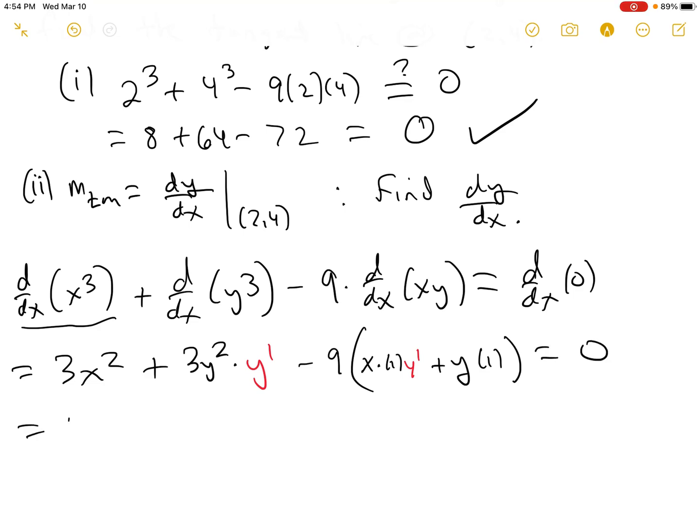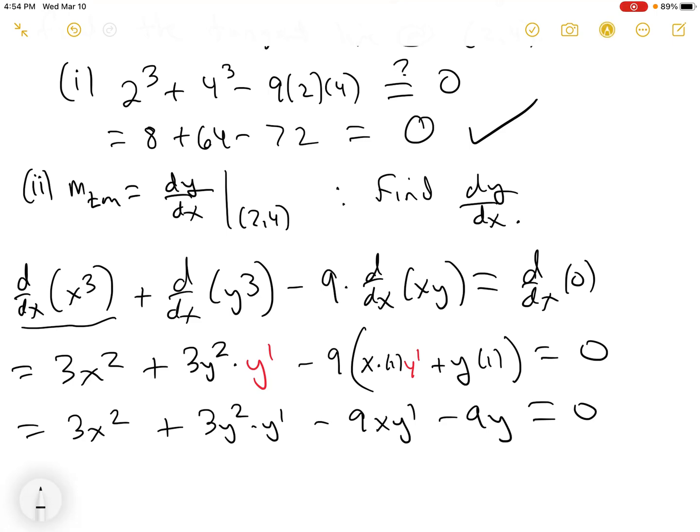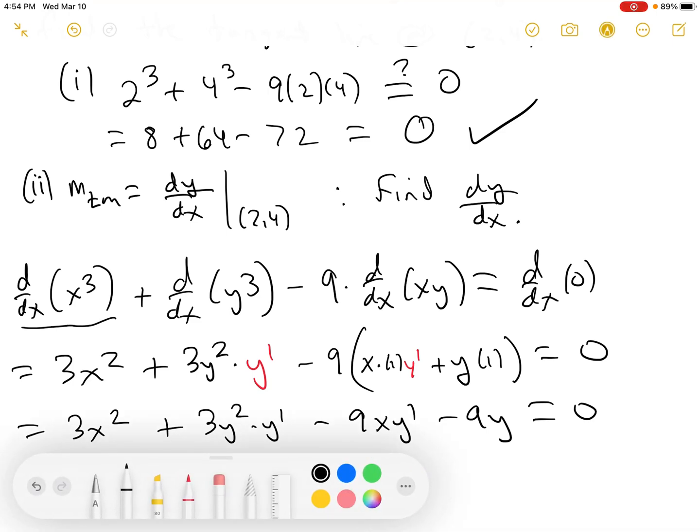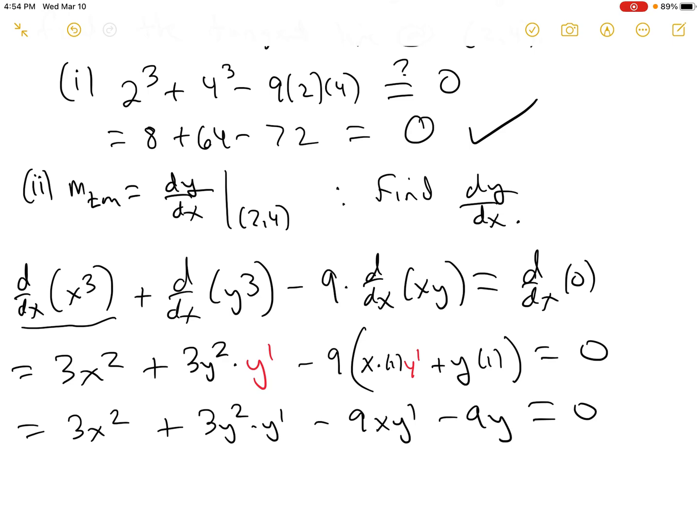Okay. So here we go: 3x squared plus 3y squared y prime minus 9x y prime minus 9y equals 0. And again, all these primes I want to keep in red just to show you where we did the implicit bit.